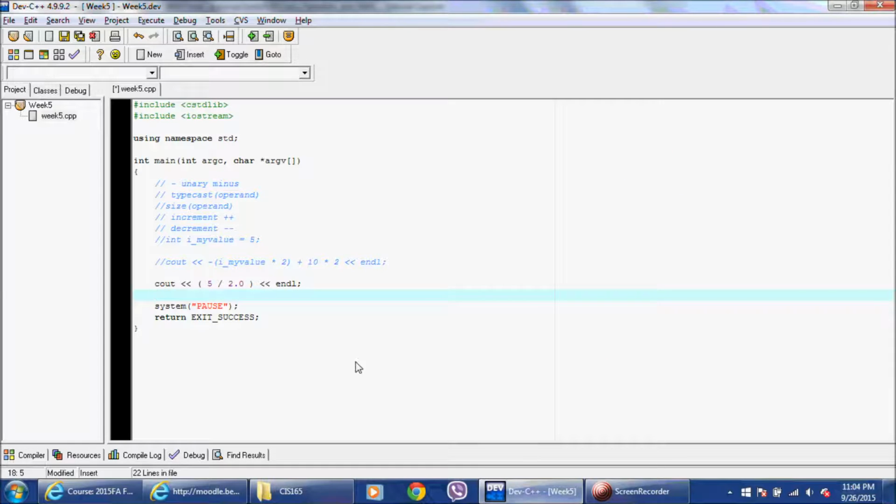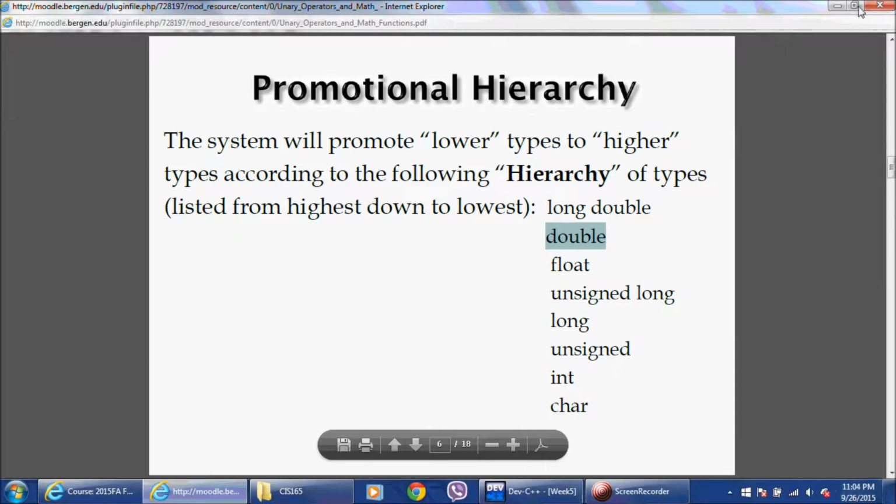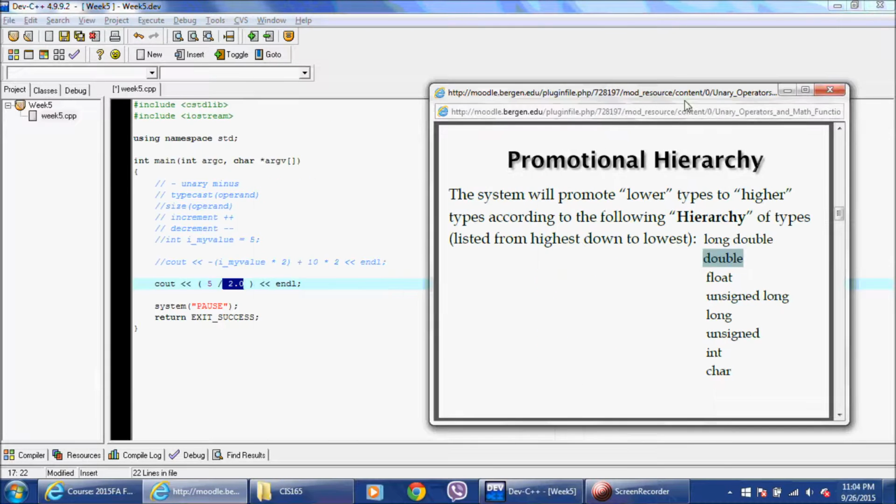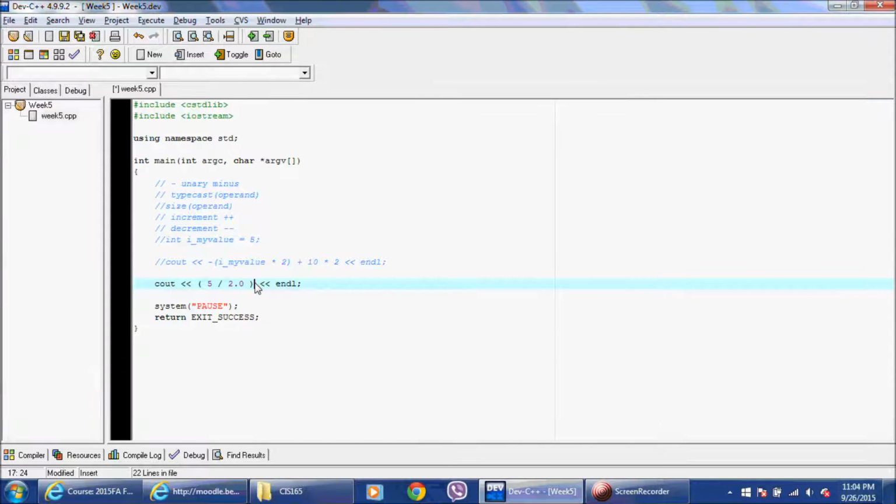Okay? So when I do 5 divided by 2.0, my result is going to be what? Who wins? An integer or a double? If we look at our chart and we fight the integer versus the double, you see that the double is on the top of the hierarchy chain, so that means the double will win. So what are you expecting for the output to be?